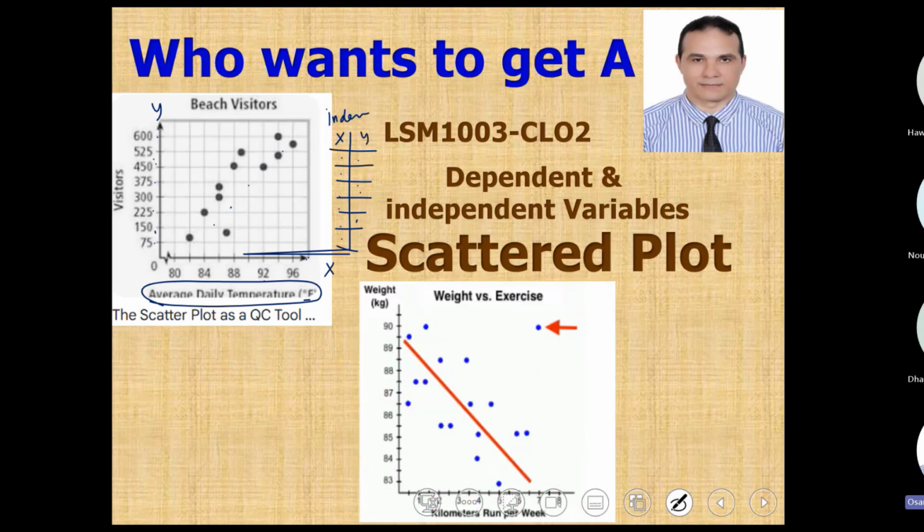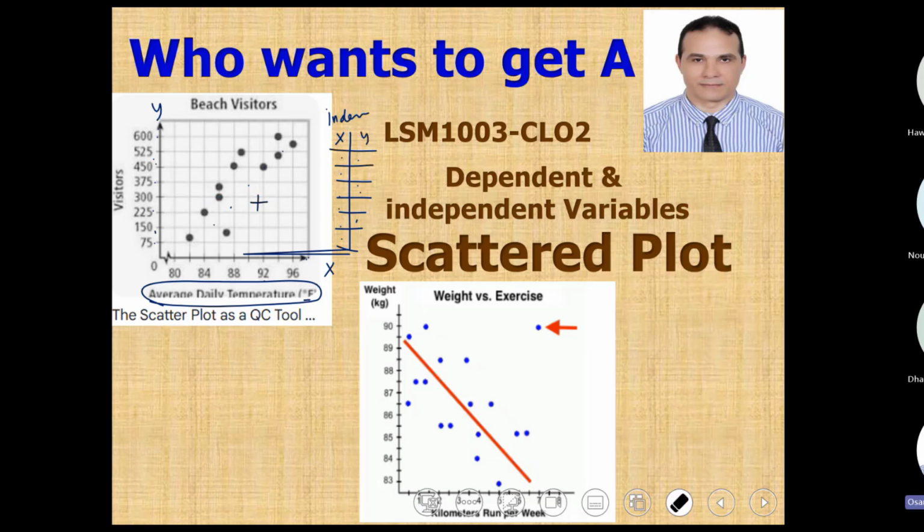If you have weight versus exercise, for sure, more weight, less exercise, right? So it will be the opposite of this one. If the weight increases, less exercise is done. So this is what we call a negative linear relation.